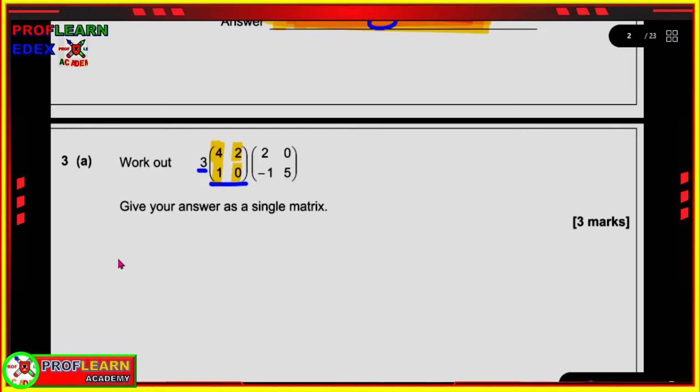So in order to work it out, this is going to translate to 12. This will be 6. This other part will be 3, and this will be 0.